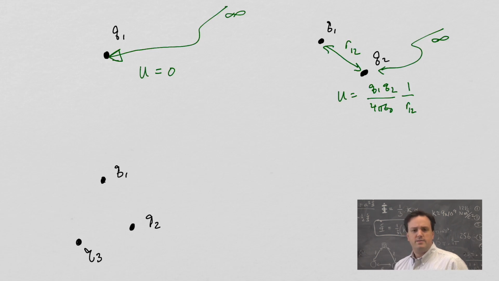And it's now a good time to point out that all of the signs here are sort of taking care of themselves, right? How much work the electric force is doing, sometimes it could be positive, sometimes it could be negative. If Q1 and Q2 have different signs, bringing them closer together is actually going to be at a lower potential energy, because those charges are going to want to come together. The electric force is going to give kinetic energy to the system.